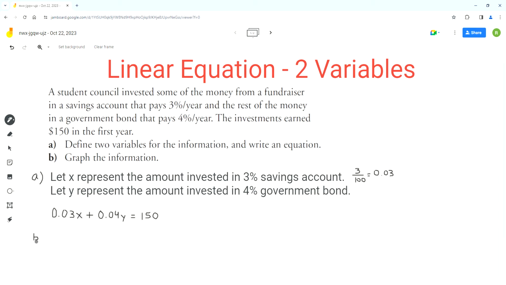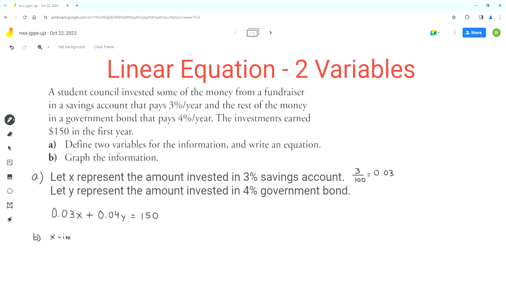Now in part B, we have to graph this equation. To graph a linear function, we need at least 2 points. So the easiest way to find the 2 points is to find the x and the y-intercepts for the linear equation. So let's start with the x-intercept.